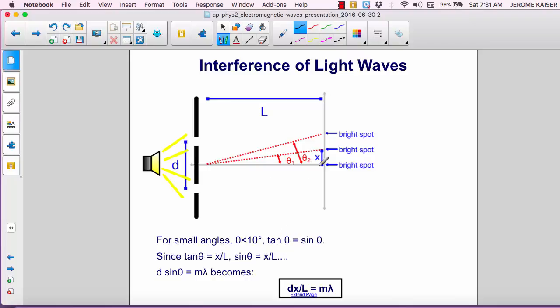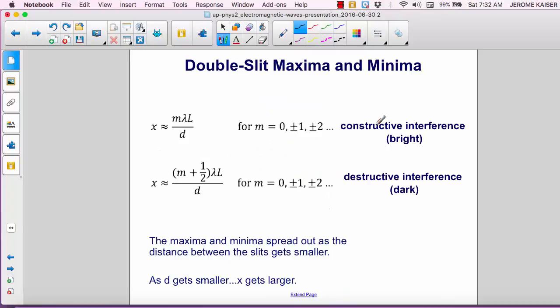Since the tangent is x over L, we can use sine theta equals x over L for these small angles, and our d sine theta equals m lambda for maxima becomes d x over L equals m lambda. So let's use this and extend it to the minima as well.